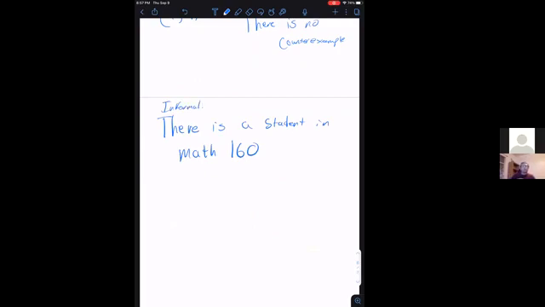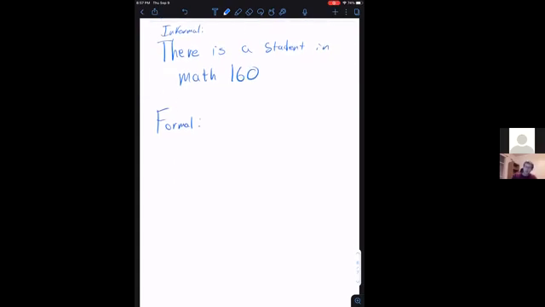Okay, the formal way of saying it: there is a student means there exists a student, not one. There could be 1 or 2 or 3, it doesn't matter. There exists at least one.